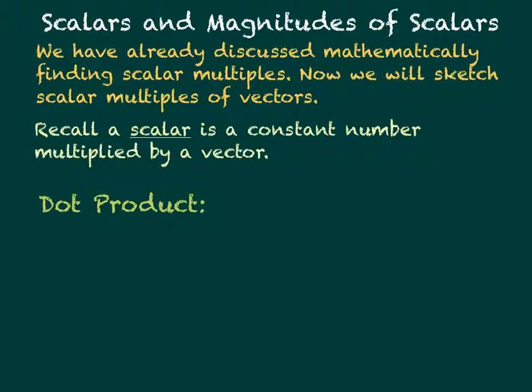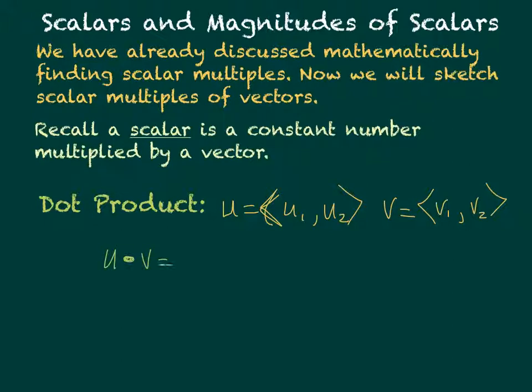So what that's going to look like is if we have vector u, which we'll call u1, u2, and vector v, which we'll call v1, v2, then the dot product u dot v is going to equal u1 times v1 plus u2 times v2.